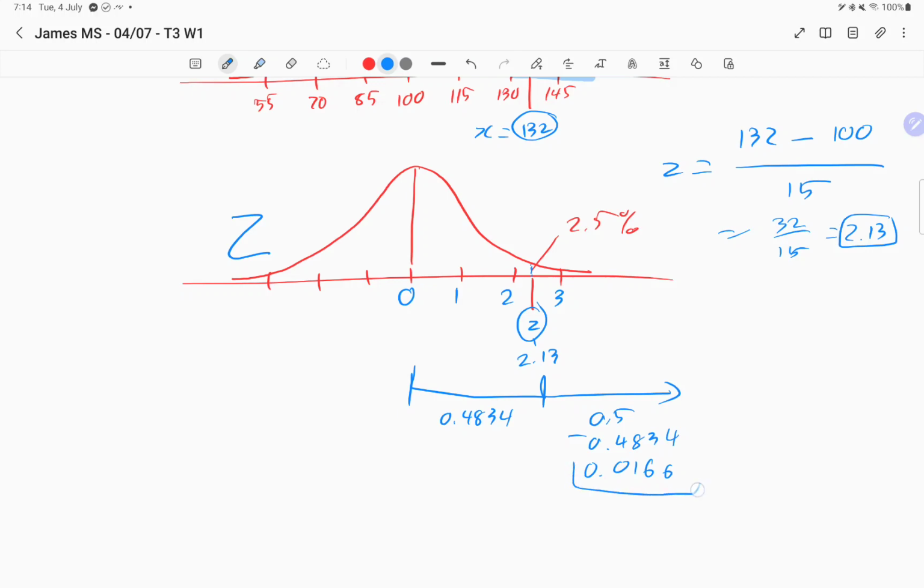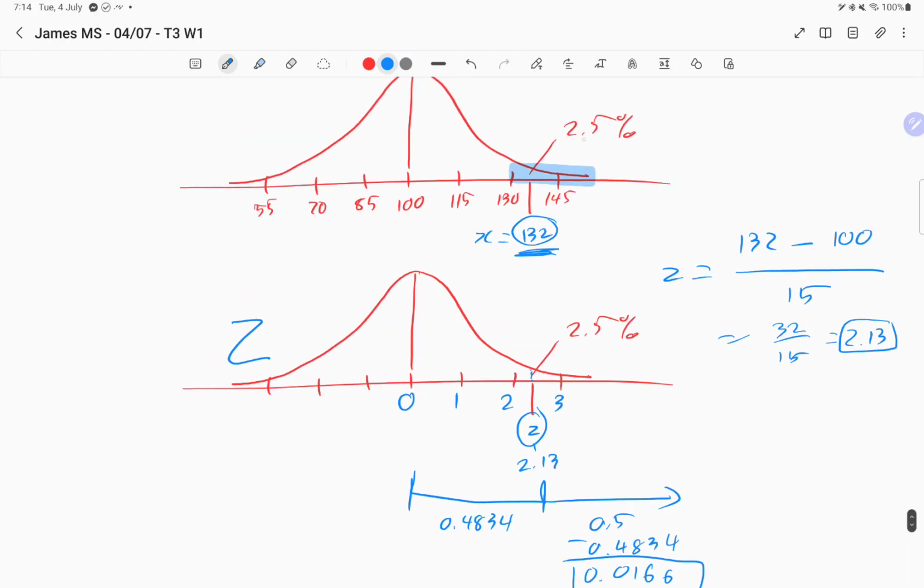That means that there's only 1.66% of the people who have a higher IQ than you if your IQ is 132. Does that make sense? Because we just found the area, if it's exactly at this point, then the area to the right hand side of it would be 1.66% roughly to 2 decimal places. Does that make sense? Yeah?